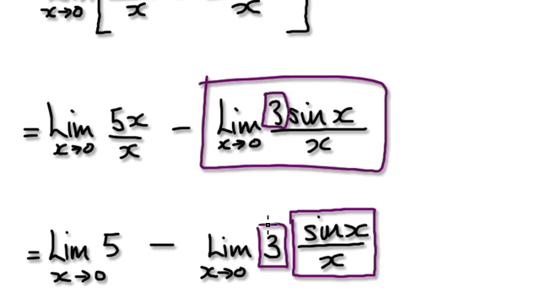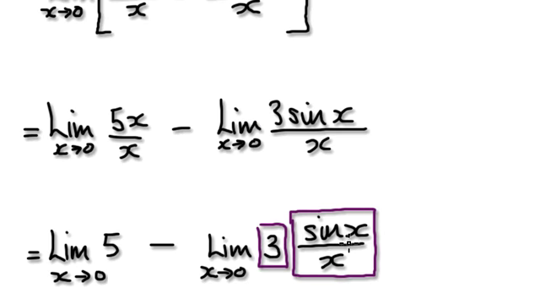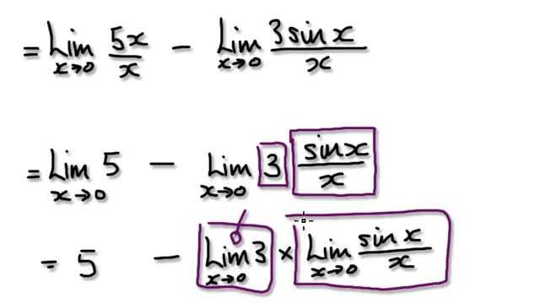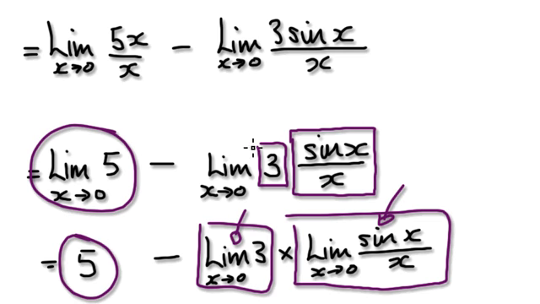Visualize this as 3 times a block, sine x over x. Because you've got one thing multiplying another thing, you can take the limit of the 3 and then multiply it with whatever the answer is for the other block. So this thing here equals 5.